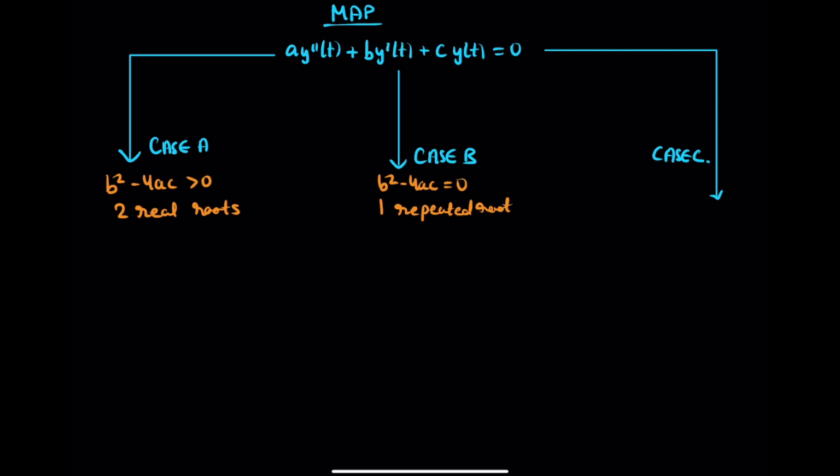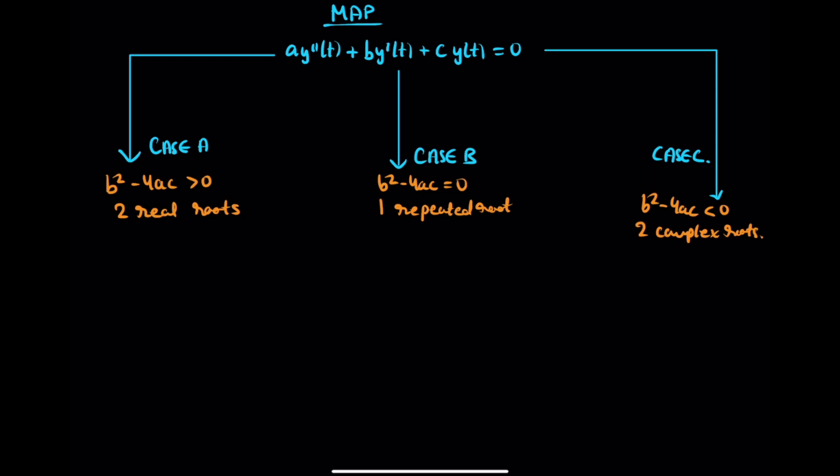And then we had case C, where b squared minus 4ac was less than 0. And then you had 2 complex roots. Okay, so you have these 3.